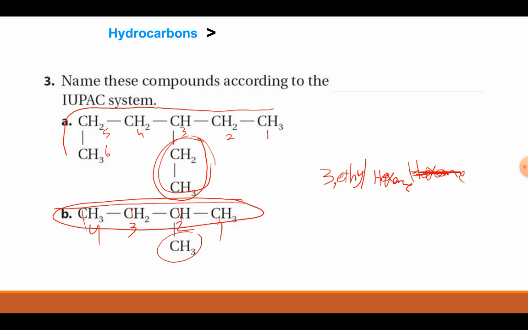It will be 2 comma methyl and 2 comma methyl, and 4 means what? Butane. Yeah, very good. 2,2-methyl, 2,2-methyl what? Butane. I think it's very easy now to name compounds.